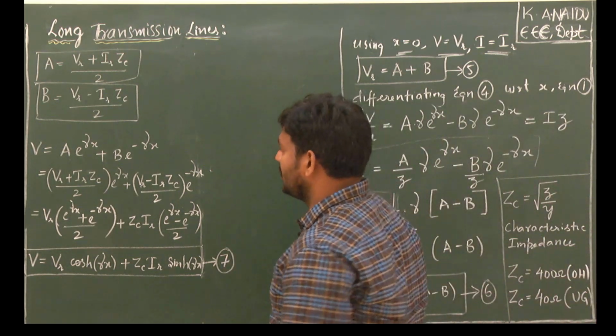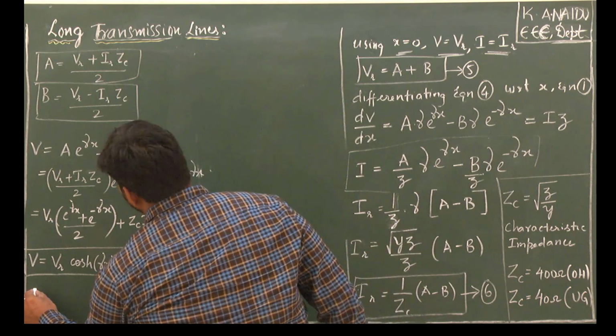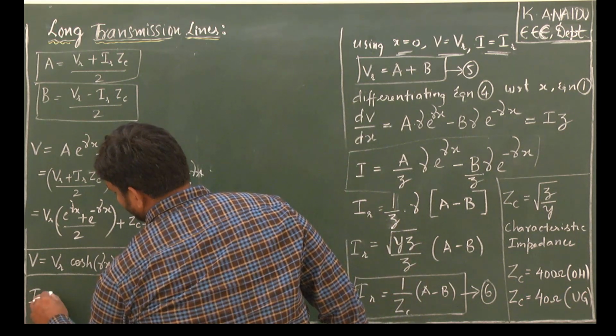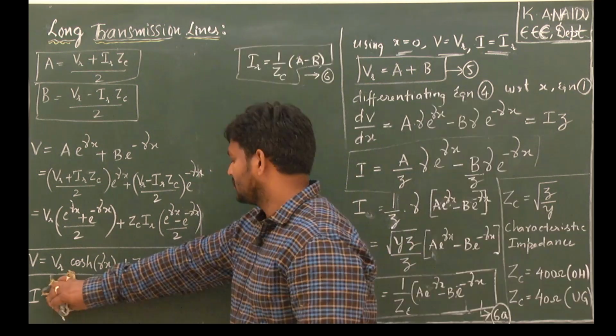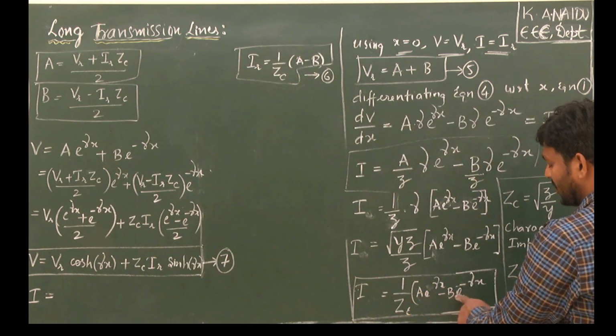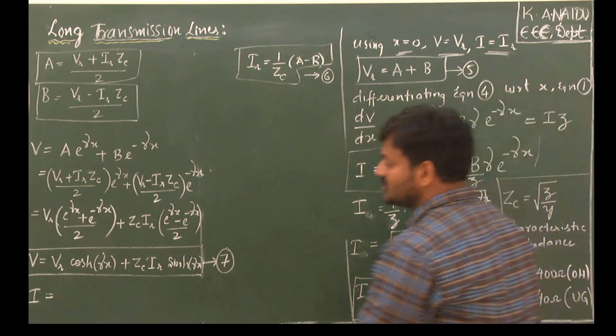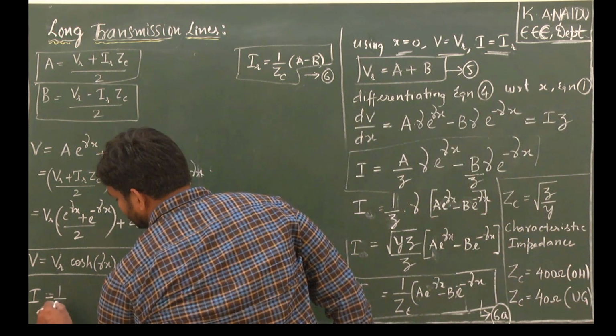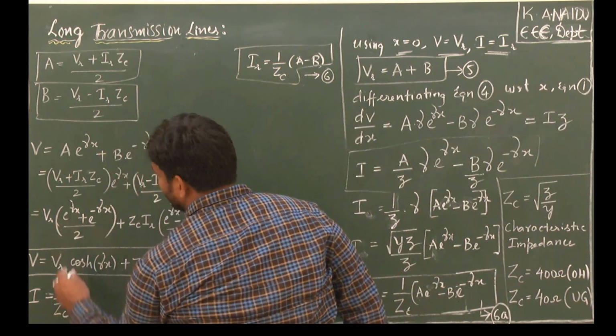Okay, so I is equal to dV by dx, right? I is equal to 1 by ZC (A e power gamma x minus B e power minus gamma x). So you get 1 by ZC. What is A?